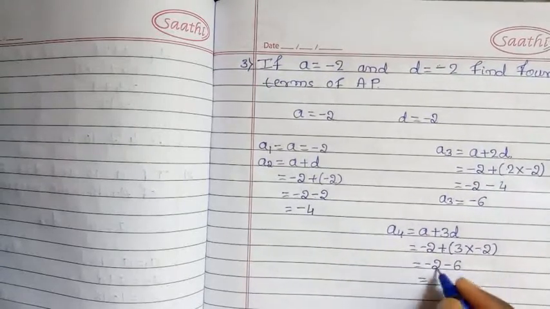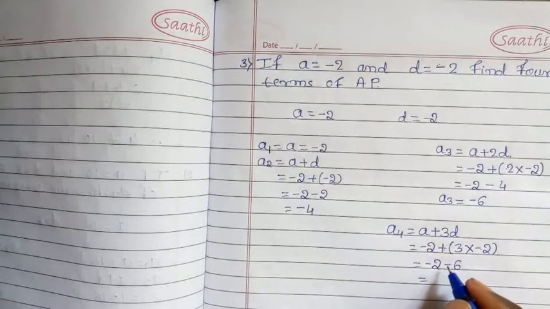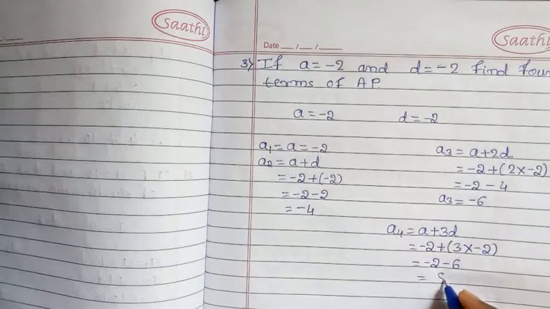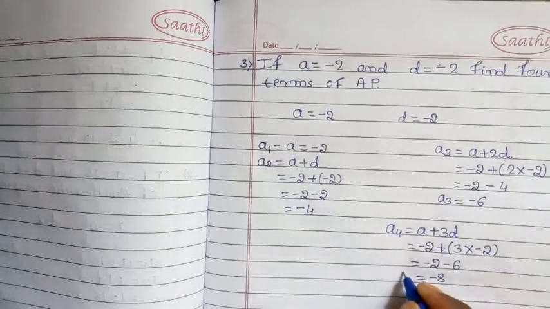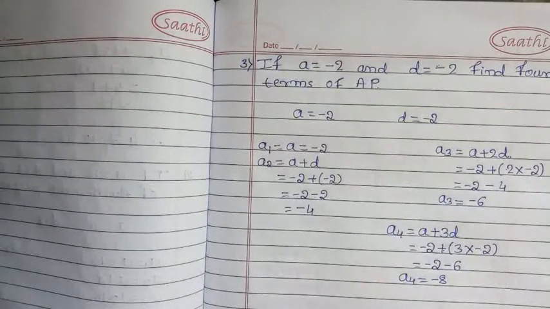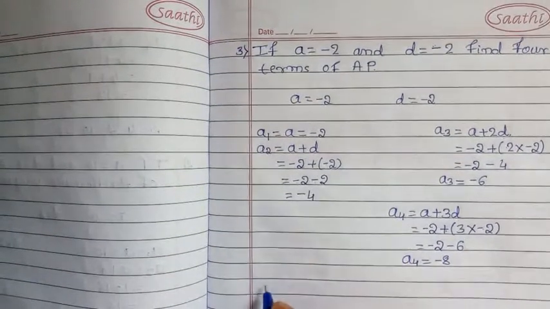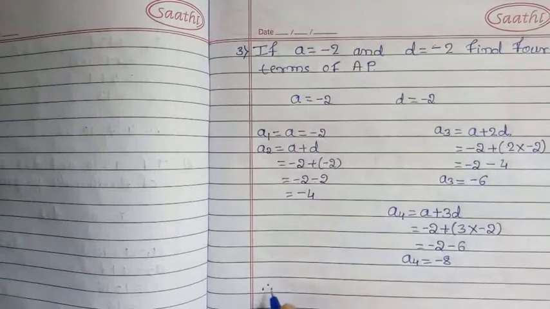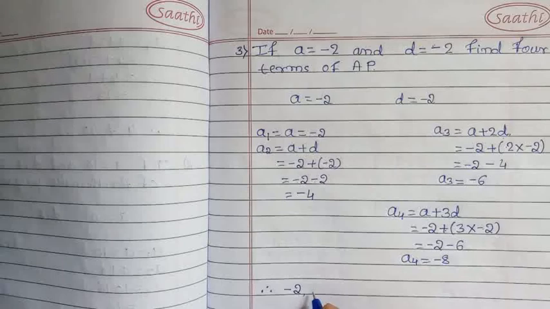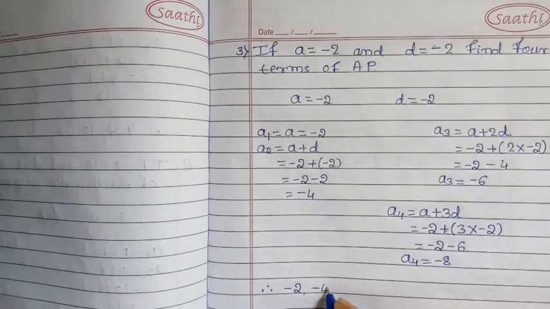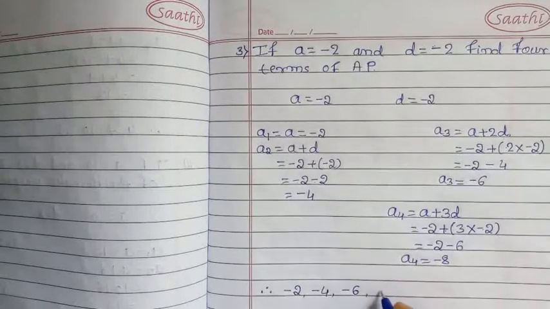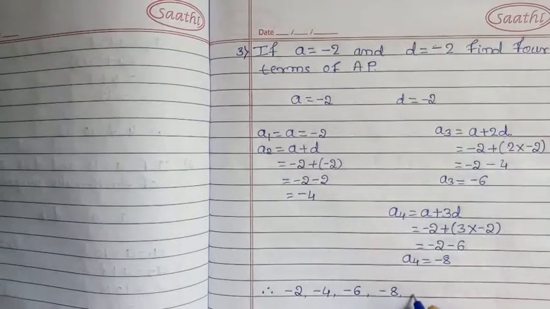Here also these two numbers have the same sign, so add and put the same sign. 2 plus 6 is 8, so -8. Therefore, the sequence of the arithmetic progression is: first term is -2, second term is -4, third term is -6, fourth term is -8, and so on.